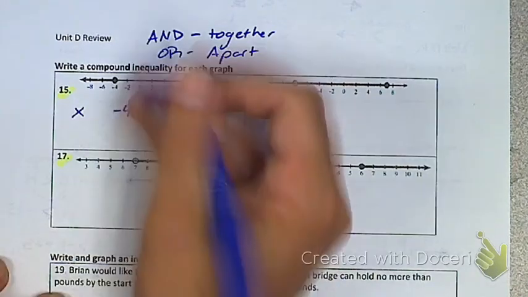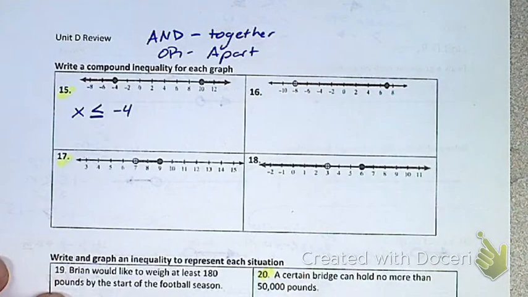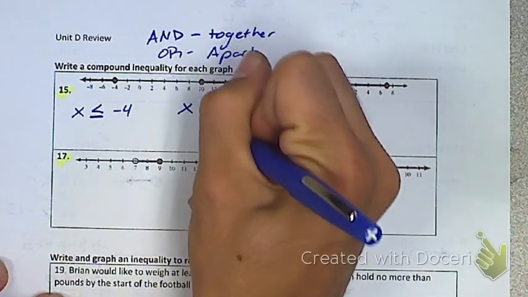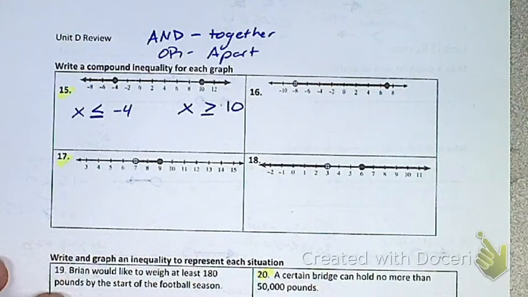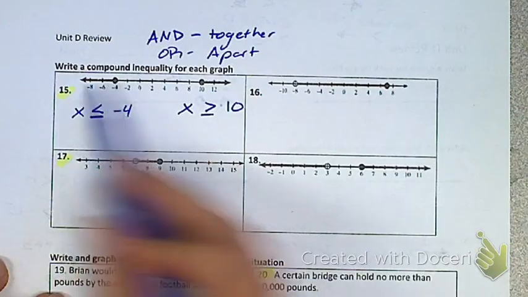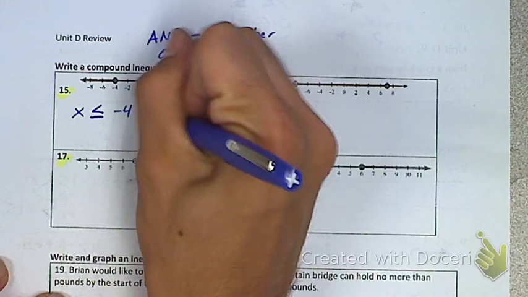It's going to the left, so it's less than, and it's equal to because it's shaded in. This side over here is 10 going greater than, and it's shaded in. Is it AND or OR? They're going apart, so it is OR. So I'm going to put an OR in the middle.